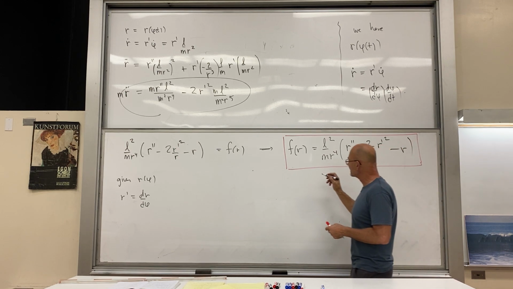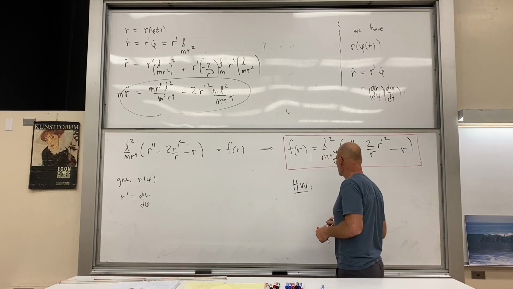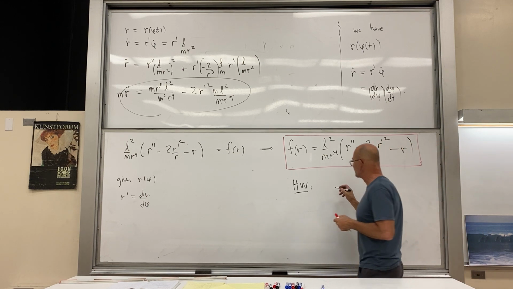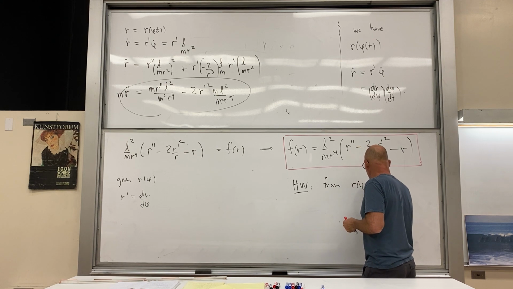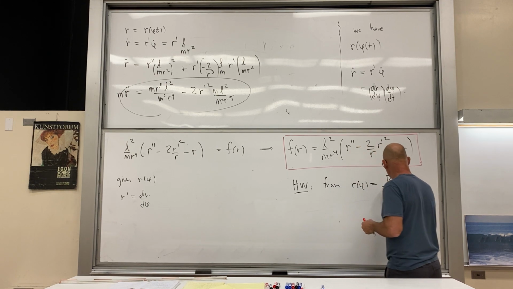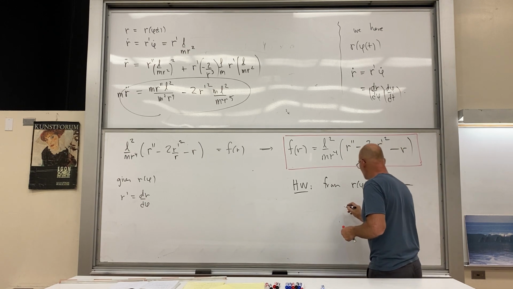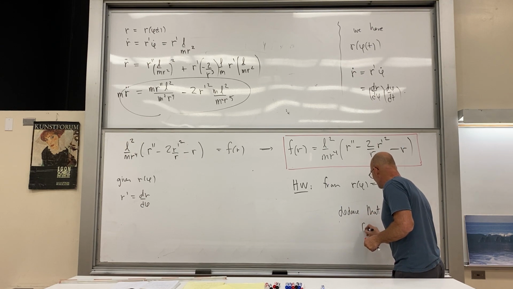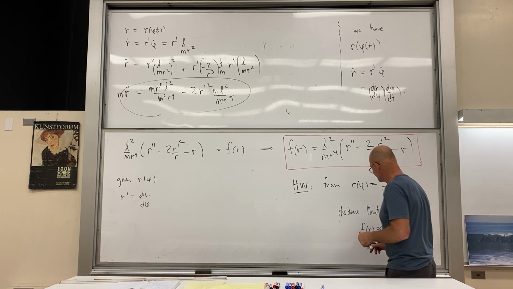And you know, I'll just formulate the homework right now. Homework. What we want to do, of course, is Kepler's law of orbits. From r of phi equals p over 1 plus e cos phi, deduce that f of r is proportional to 1 over r squared.